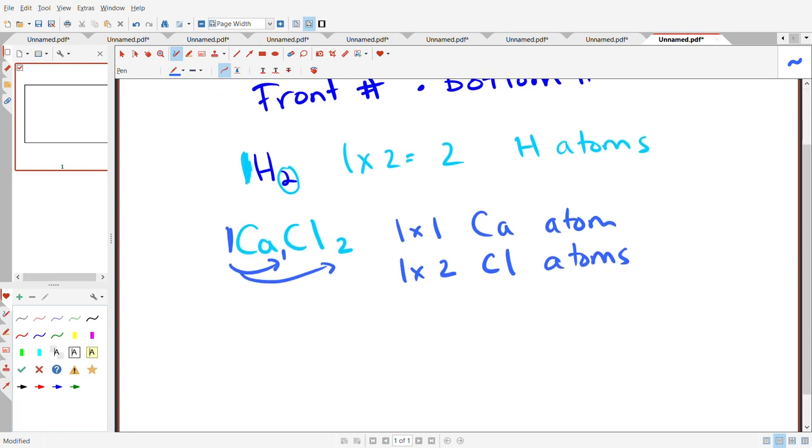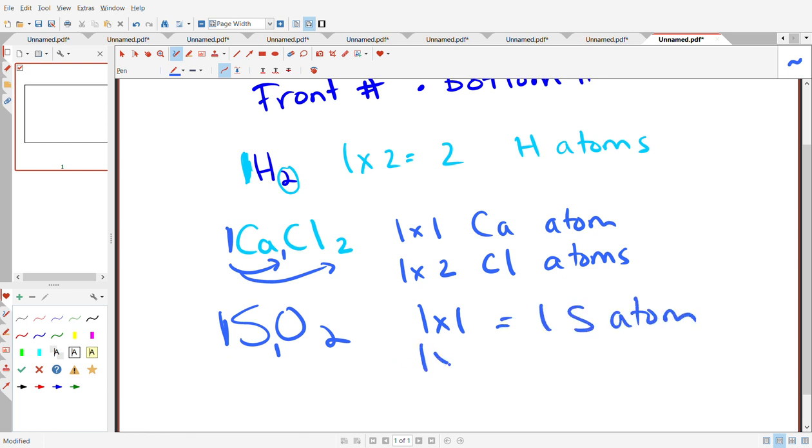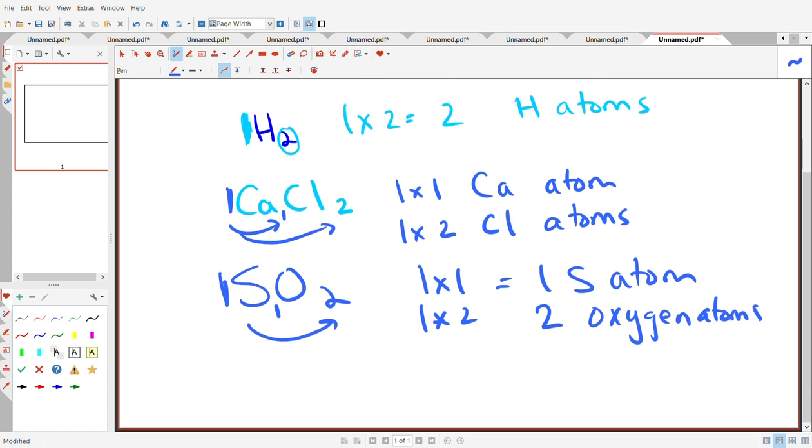I'm going to do another one, SO2. I'm going to put a 1 here and 1 here. So we have 1 times 1, or a 1 sulfur atom, and 1 times the 2, because it's front times bottom, or 2 oxygen atoms. Now, what if we have a parenthesis?